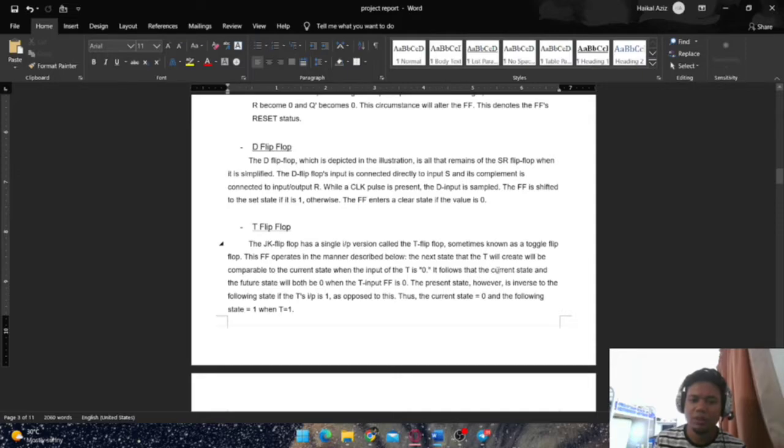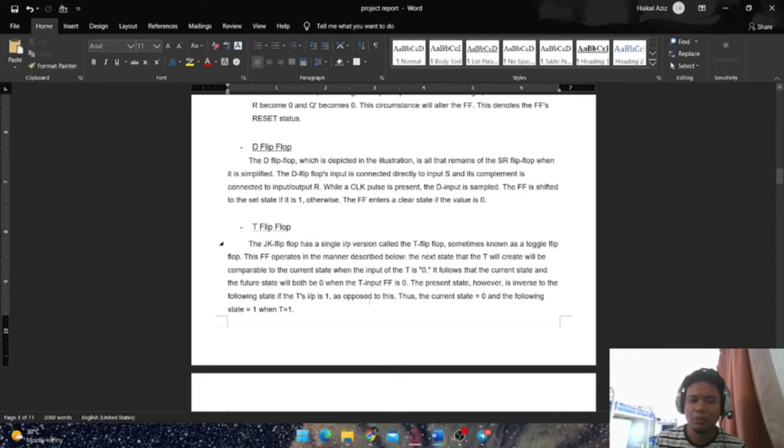It follows that the current state and the future state will both be 0 when the T input is 0. The present state, however, is inverse to the following state if the T input is 1.